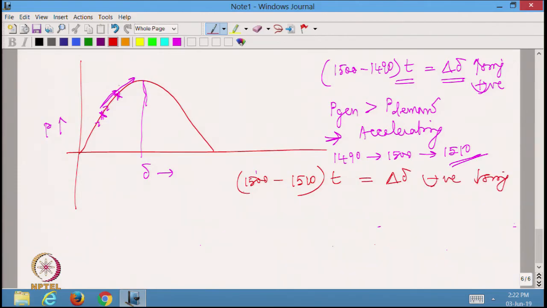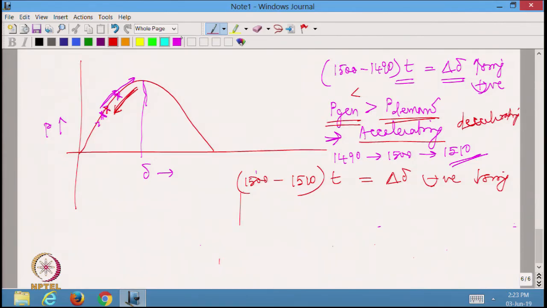When it is decreasing, the machine will start moving in this direction, so I am going to have a reduction in the power being generated. It might reach a point here. At this point again the machine will realize that P generated is smaller as compared to P demanded. So, again the machine will be decelerating or retarding.